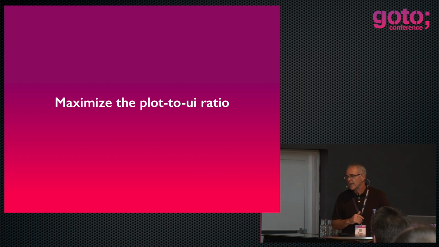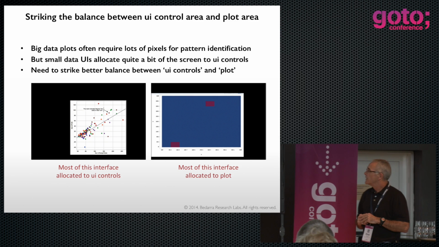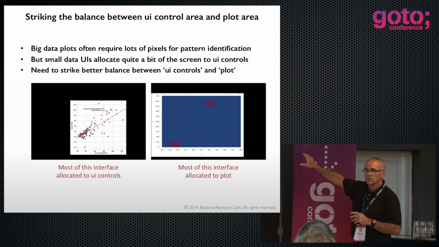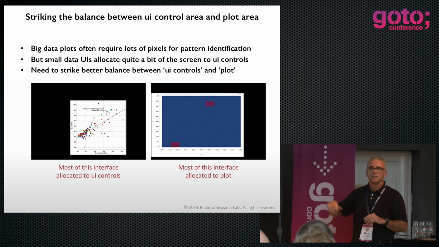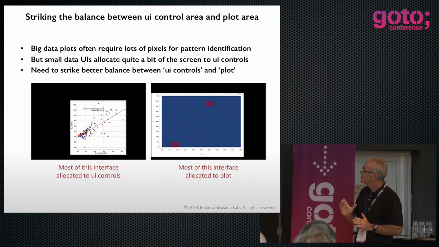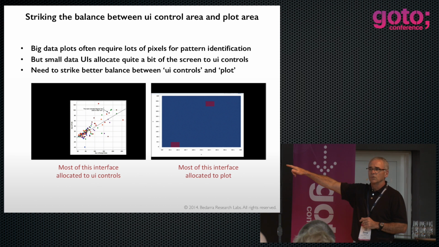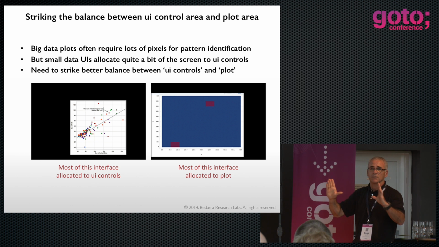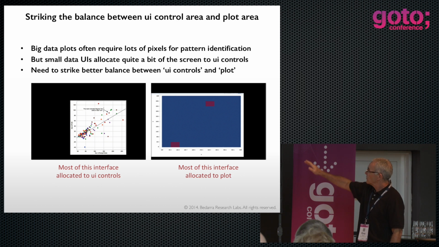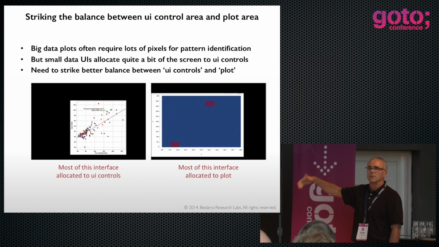Okay, another thing is maximizing the UI to plot ratio. And what I mean by that is, these two pictures are pictures of interfaces. The black area is the UI control area. That's where all the buttons are and that sort of thing. And you notice that on the far side, most of the interface is allocated to controls, whereas over on the right-hand side, most of the interface has been allocated to the graphic.